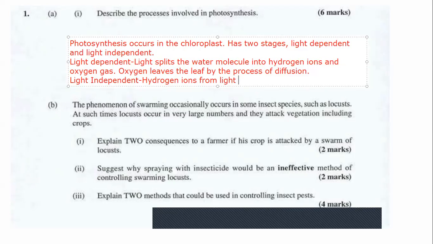The hydrogen ions from the light dependent stage reduce what? Carbon dioxide. Beautiful.